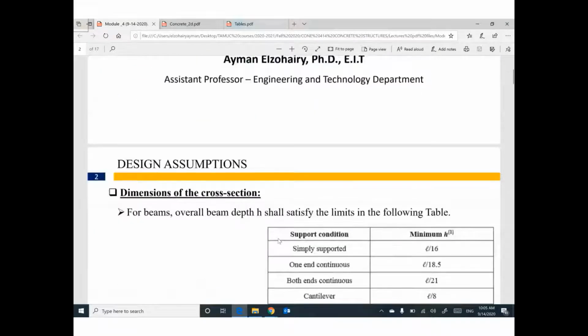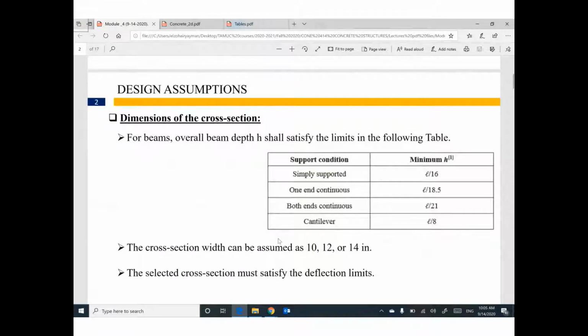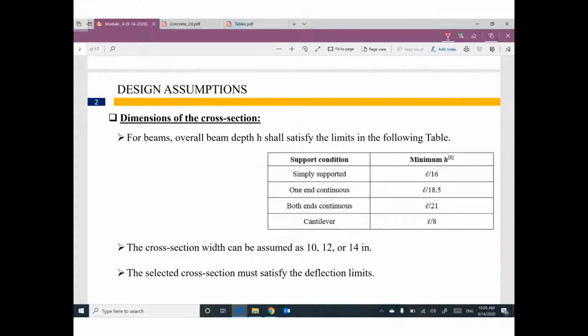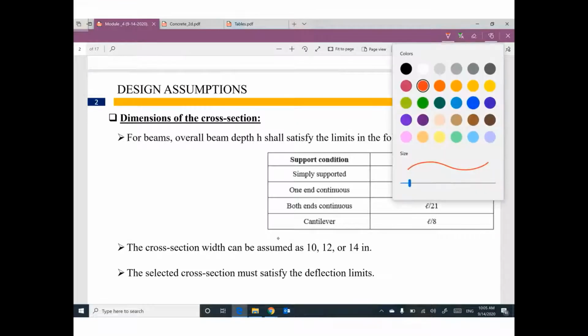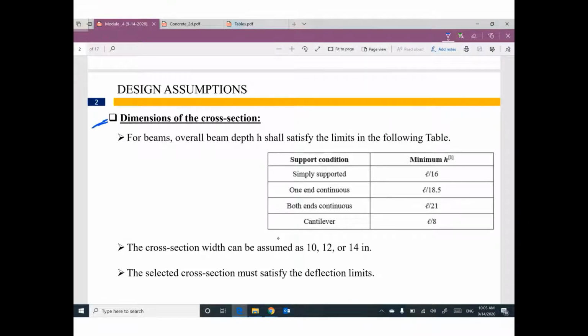But anyway, we need to figure out how to assume the cross section of concrete.